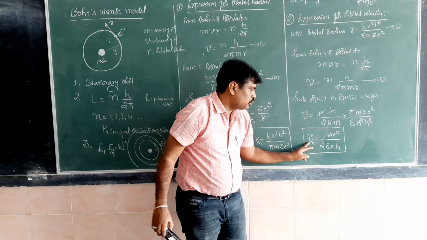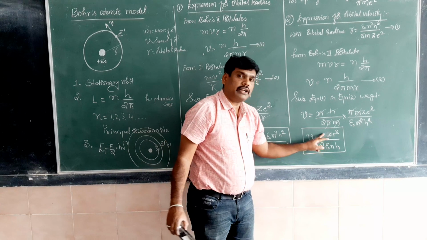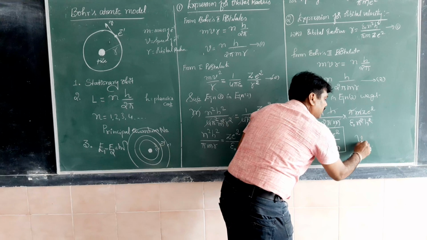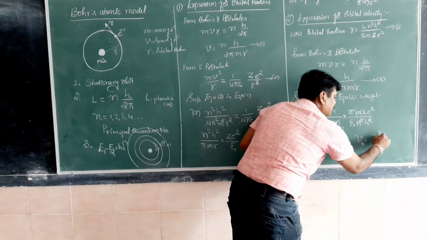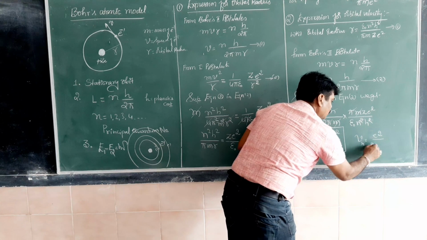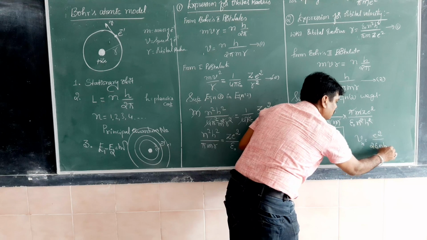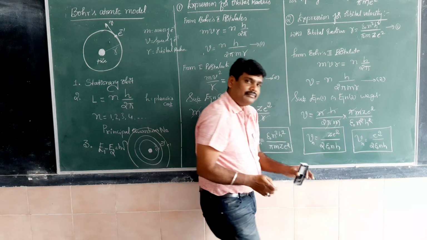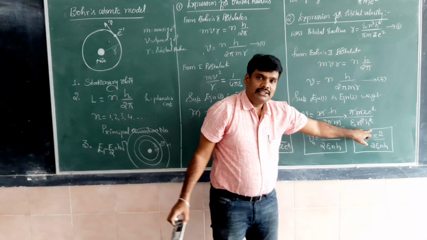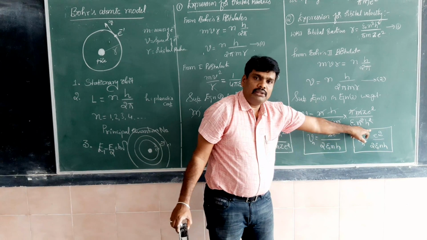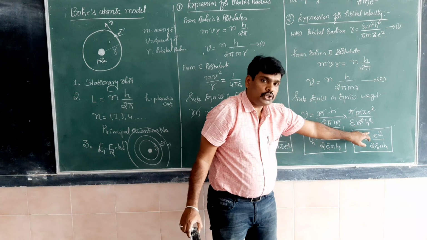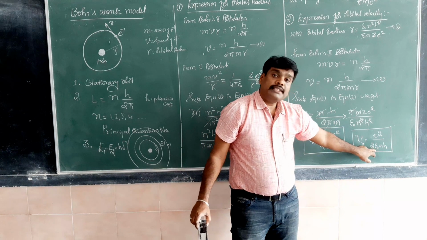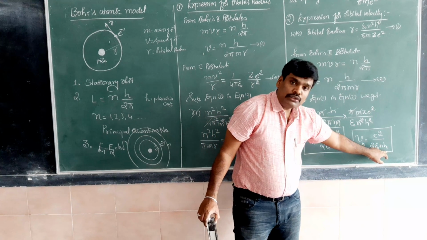If I substitute the constant values for the hydrogen atom, Z is 1. So for the hydrogen atom, Vn is equal to e square divided by 2 epsilon naught n h. This clearly says that e, the charge of the electron, is a constant value, 2 is a number, epsilon naught is again constant, h is also constant.